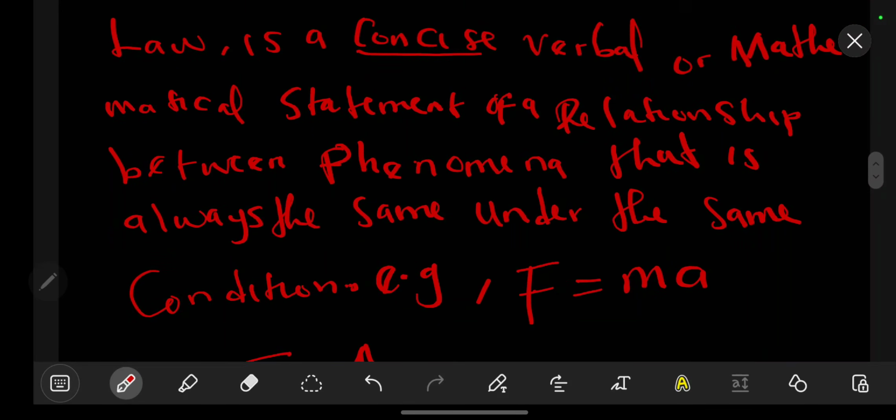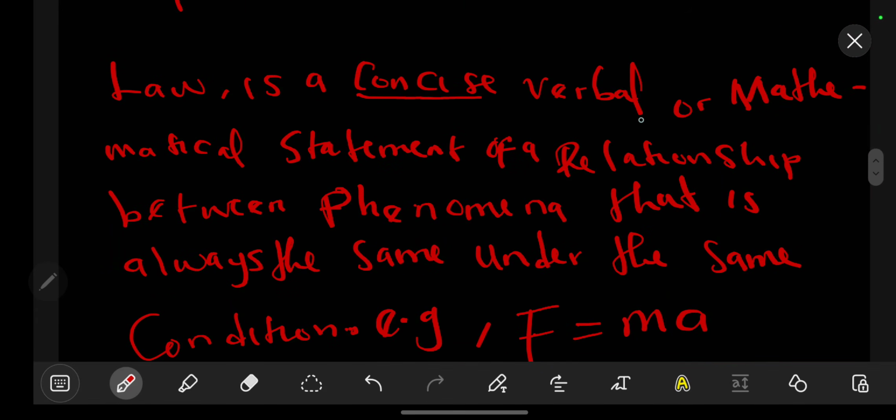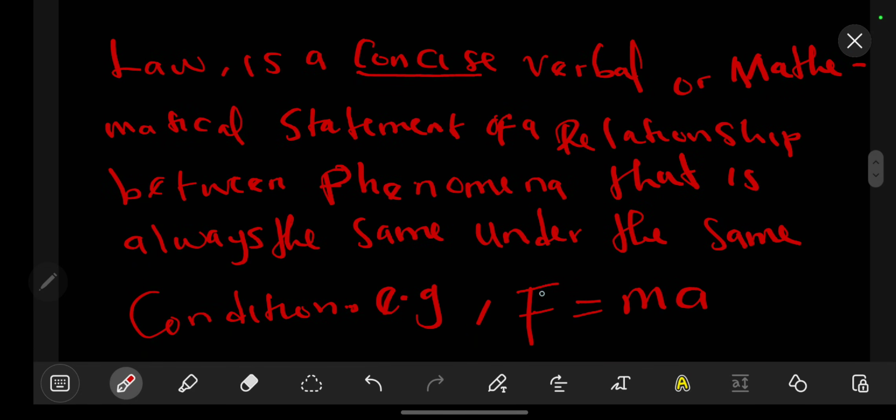So this is what we mean by a law: a concise verbal or mathematical statement of a relationship between phenomena. The phenomena we are talking about in this case are the force, the mass, the acceleration, that is always the same under the same conditions. That means if we increase the force, under that condition the acceleration increases.